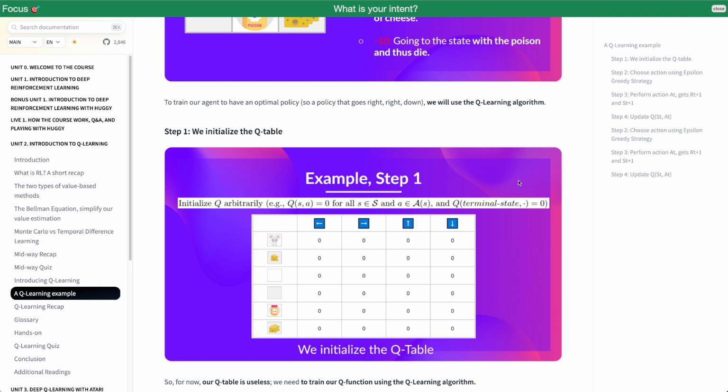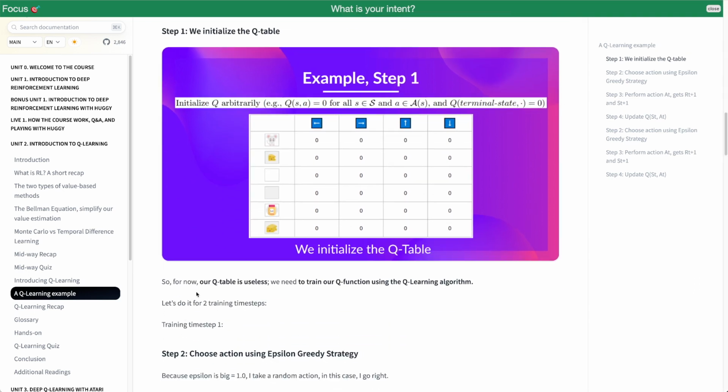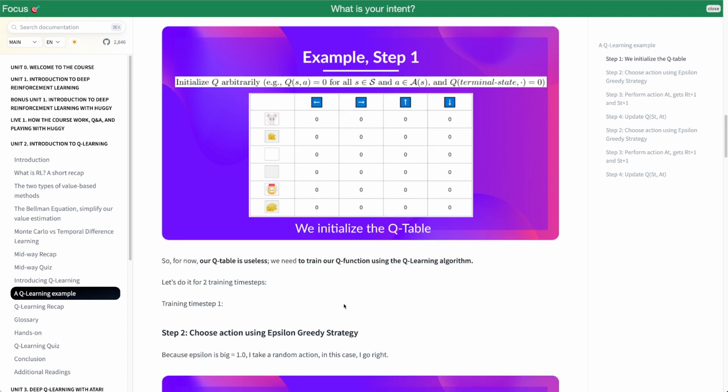On the left side you see the states, state 1, state 2, state 3, and on the right side, up top, you see the actions. For now, our Q table is useless. We need to train our Q function using the Q-learning algorithm, which is what we saw above.